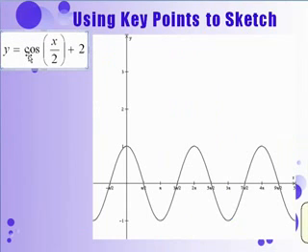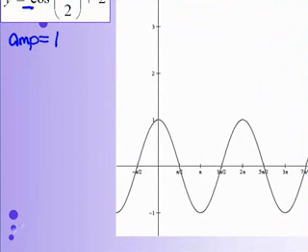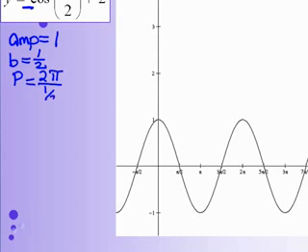Since there's nothing in front of cosine, we know that our amplitude is going to be 1. B is equal to 1/2, so that makes our period 2 pi divided by 1/2, which equals 4 pi. So now we're going to be stretching out cosine horizontally.